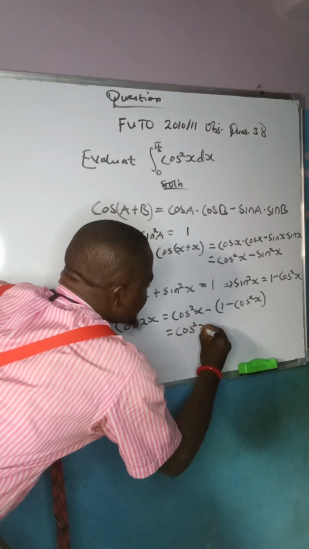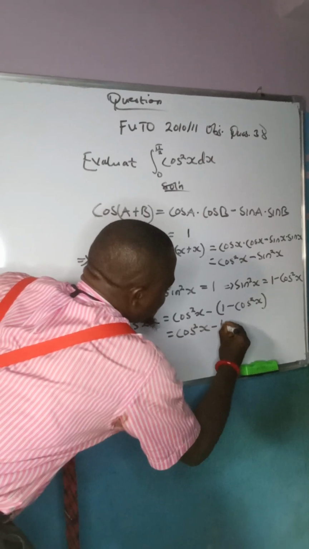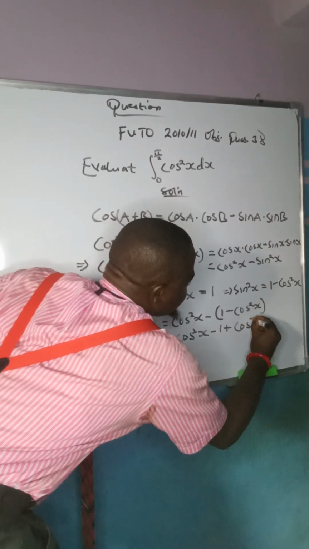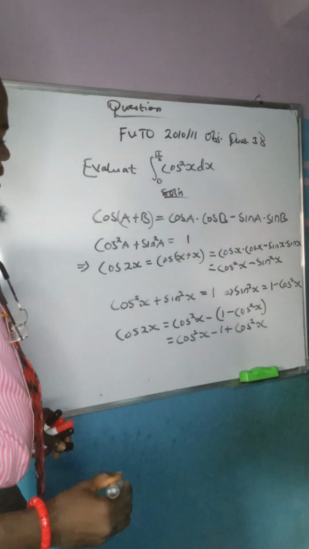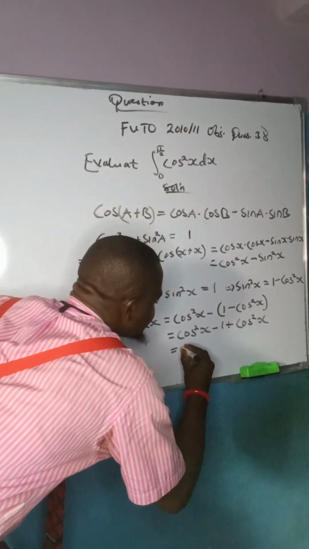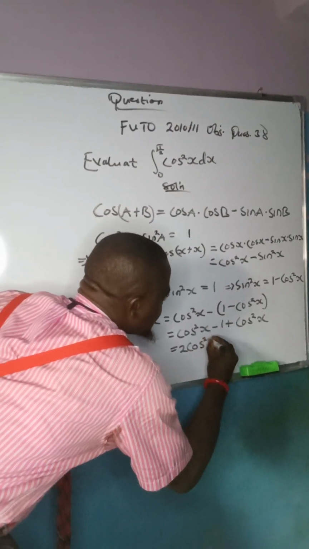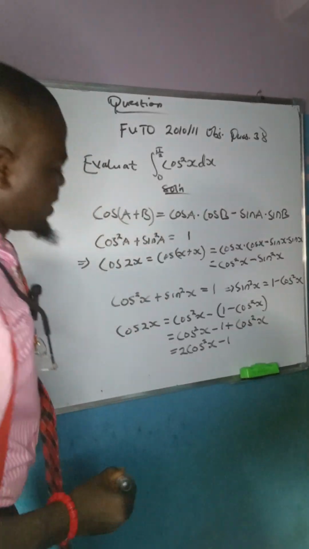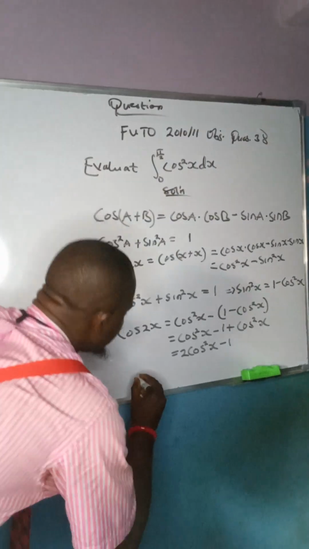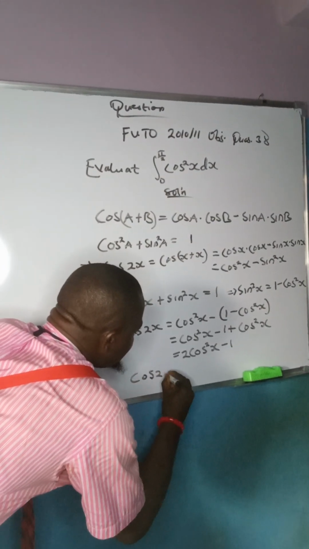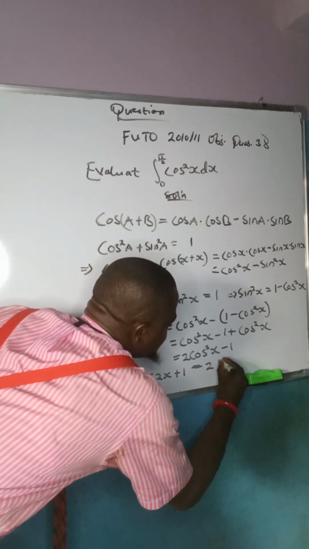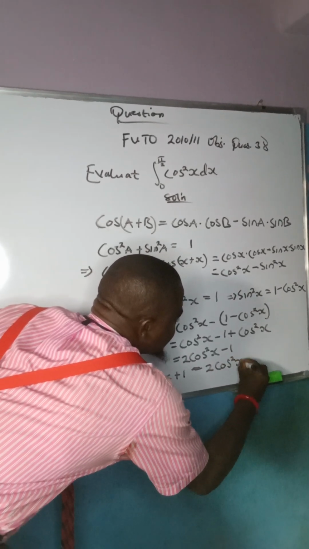Cos squared x minus 1 minus will change to plus, then cos squared x. So since I have cos squared x, it will give me 2 cos squared x minus 1. So this minus 1 will cross the sign of equality to meet this one and change to plus. So it simply means cos 2x plus 1 is equal to 2 cos squared x.